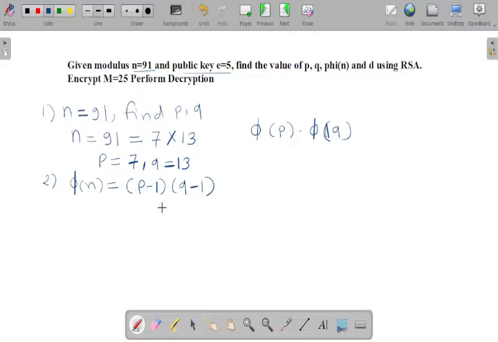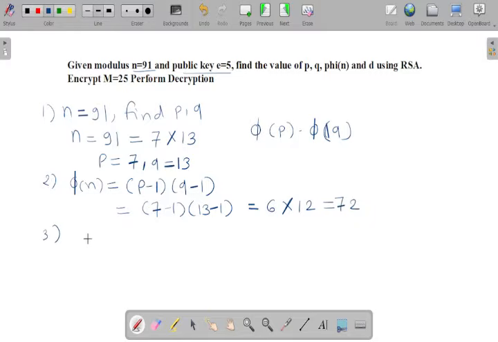If the number is prime, then we can calculate the Euler's totient function as p minus 1 and q minus 1. So here we can write 7 minus 1 and 13 minus 1 is equal to 6 into 12, and we got the value 72.